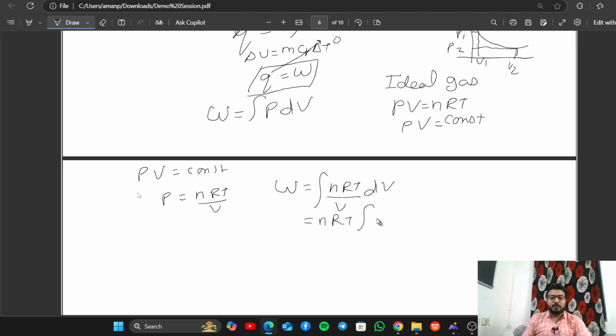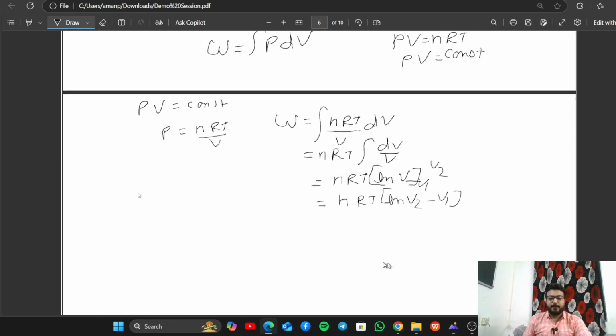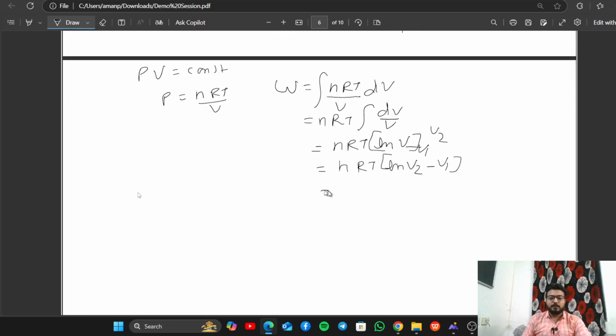It will be equal to nRT times the integral of dV by V, which is nRT ln V, going from V1 to V2. So the work done formula will be nRT ln (V2 by V1).